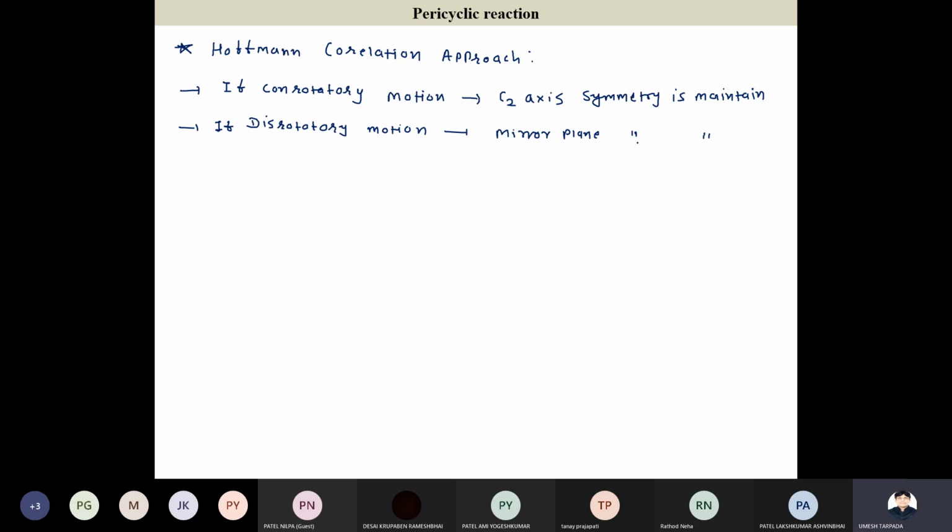Now, our first question is what is conrotatory motion? What is disrotatory motion?